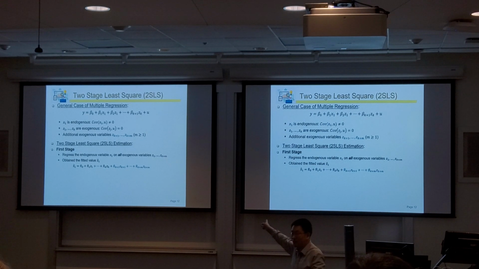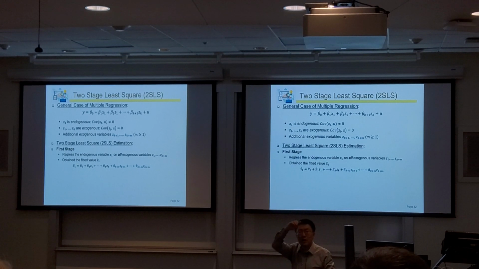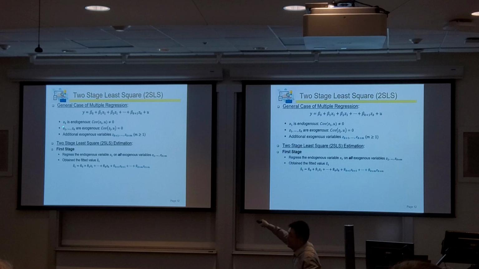Everybody follow me here. That's very important. Make sure you understand this two-stage least squares. In the first stage, I regress this endogenous variable on all exogenous variables, including the original exogenous variables in the original regression and the new additional variables, the instrumental variables that I have found.